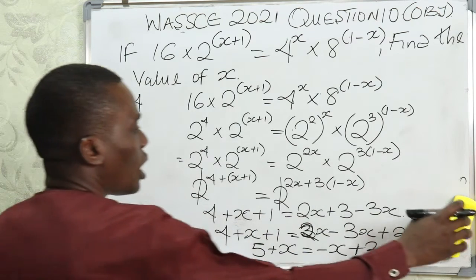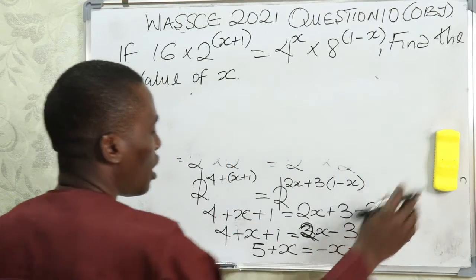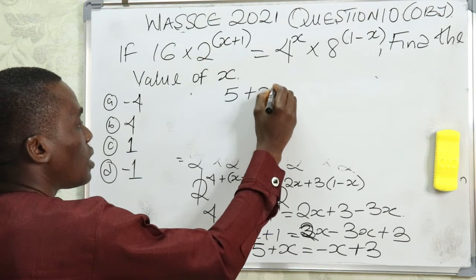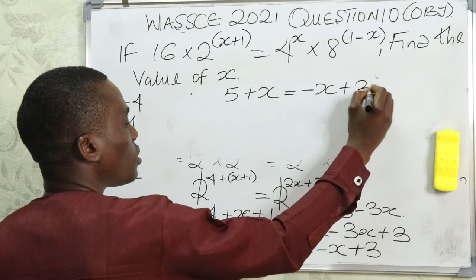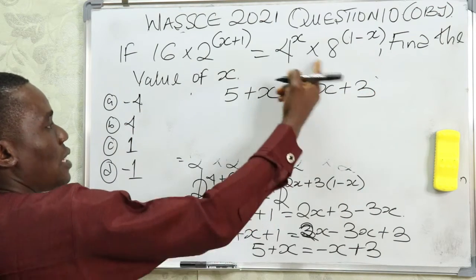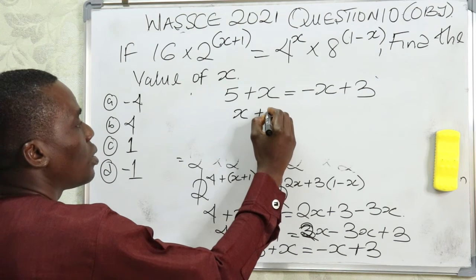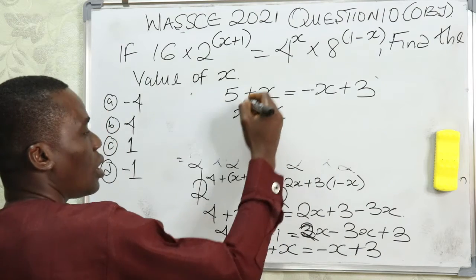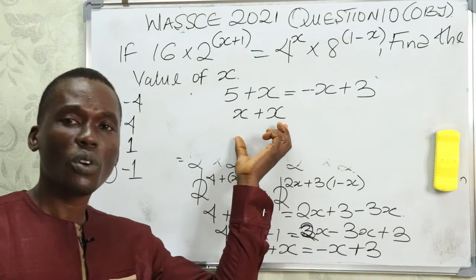So now we'll come up here and finish up. That will give us 5 plus x equal to minus x plus 3. This x value comes over here, that will give us x plus x, because minus crossing the equal to sign to this other side becomes plus.